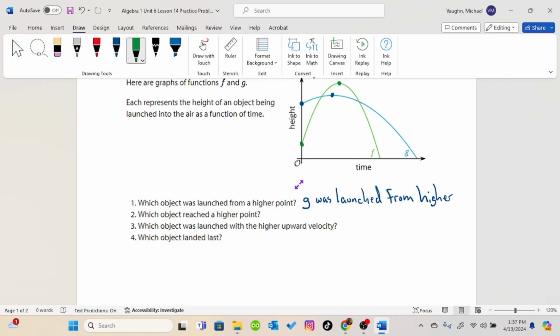We can see that the vertex of F goes higher than the vertex of G. So F reached a higher point.